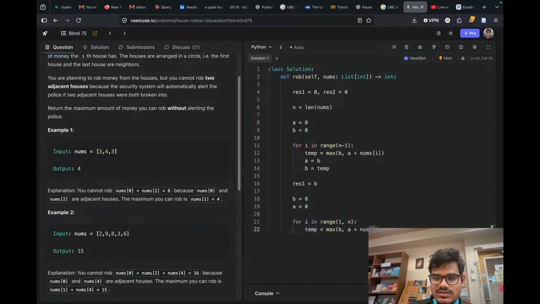This is exactly the same. a equal to b and b equal to temp. Then we have to return max of b comma s1.